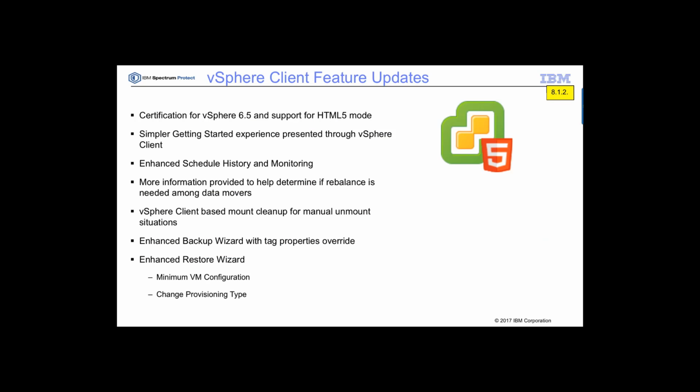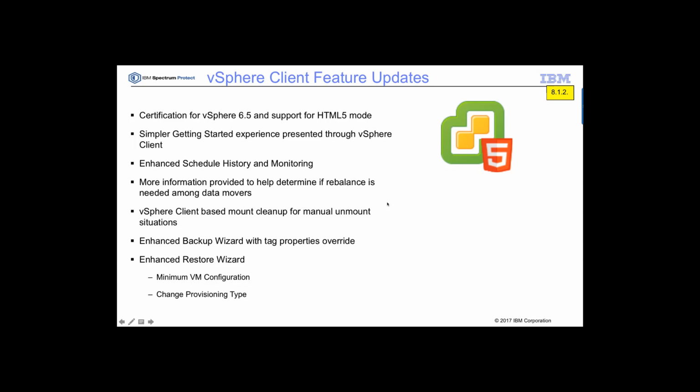Okay, so continuing with the version 8.1.2 features, as most of you probably know, we continue to, in almost every quarterly release of data protection for VE, add additional feature functionality to the vSphere Web Client. And version 8.1.2 is no exception.